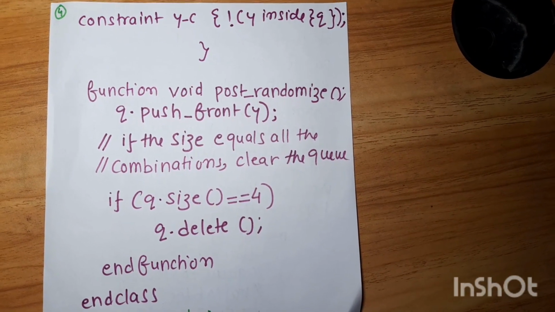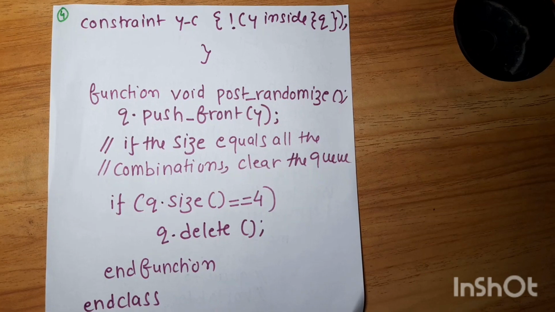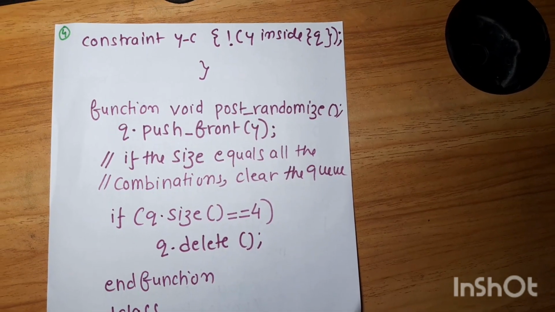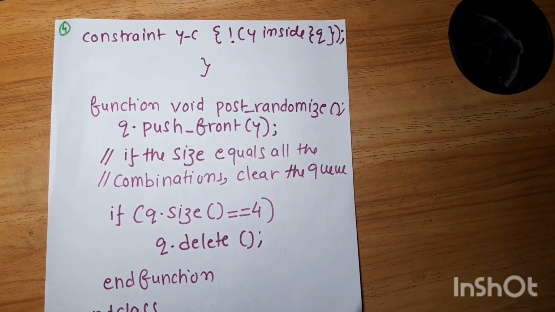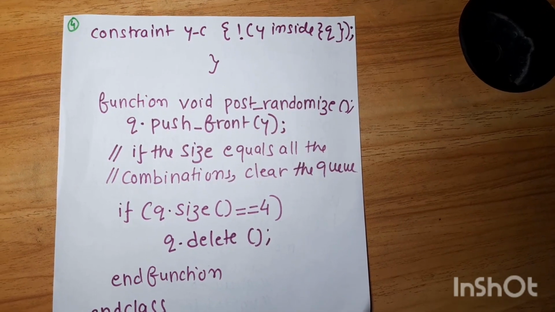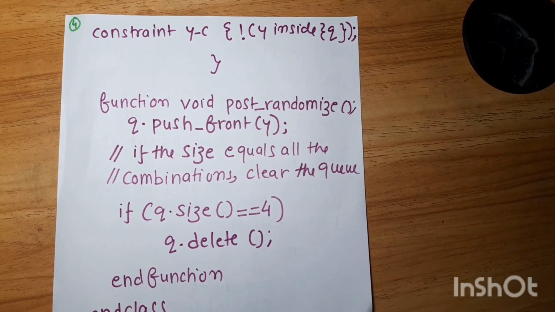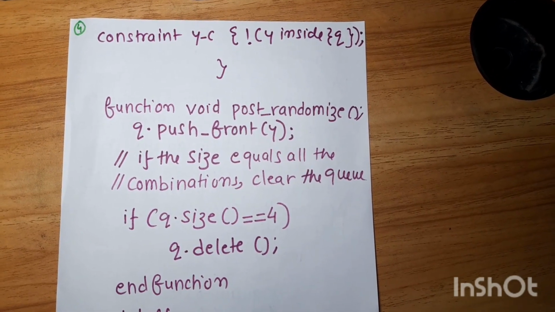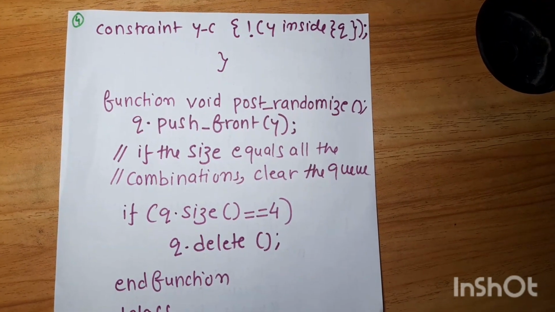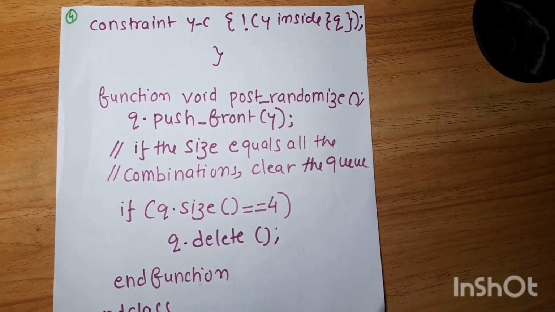The constraint y_c says y should not be inside q, meaning the already existing values of q should not be the same as y.